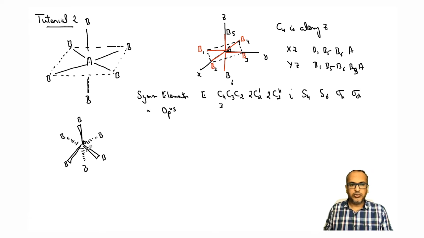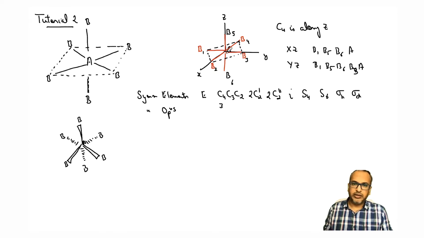So this is how my C3 looks. Now the C3 will be perpendicular to the plane of the board. I'm looking through my XYZ axes, each of these being X, Y, Z, and I'm looking through it, right?